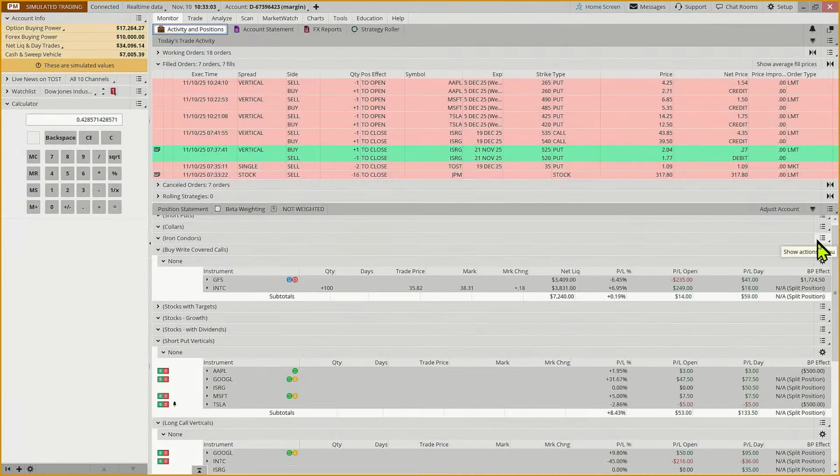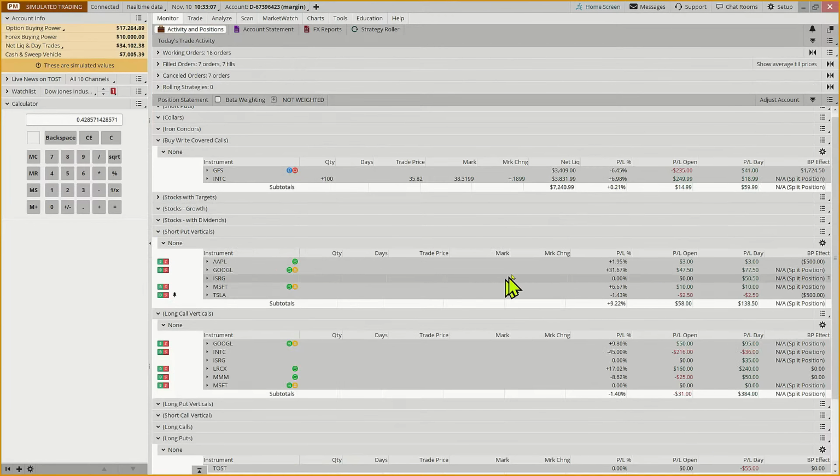Here's how we review our short put verticals. Are any of these close to 80% up? Are they up 50% or more? Nope. Are any of them down dramatically? Nope. We did have one negative on Tesla, but everything's up. So we're good to go.